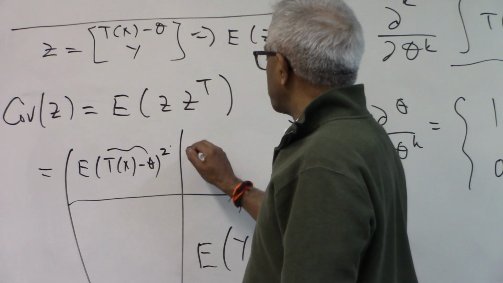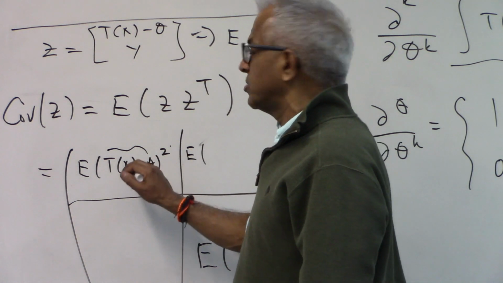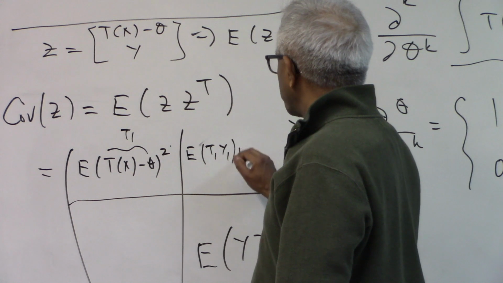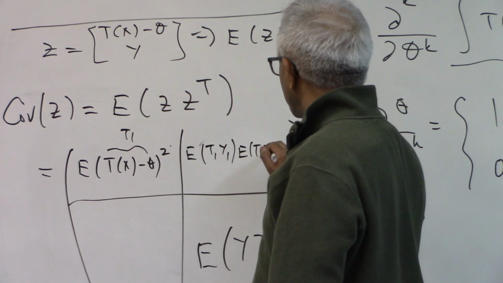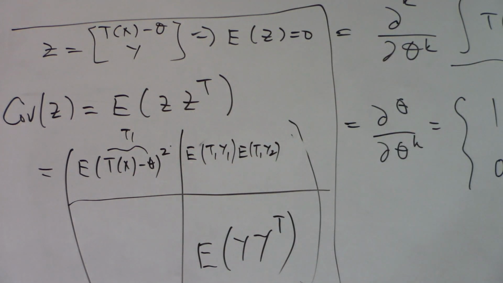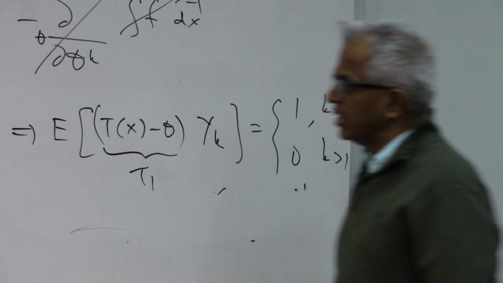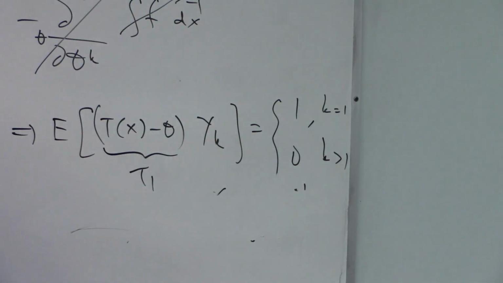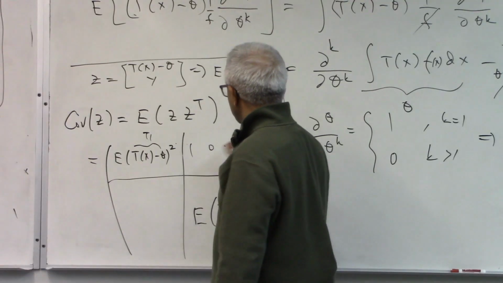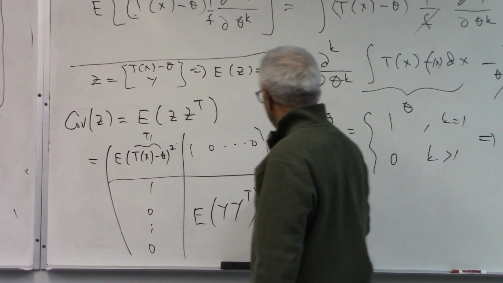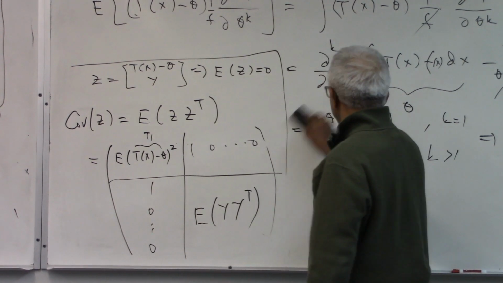If I call Tx minus theta to be t1, this is the expected value of t1 y1, the expected value of t1 y2, etc. The expected value of t1 y1 is 1, everything else is 0. So this will be 1, 0, 0, 0. And this is a non-negative definite matrix.